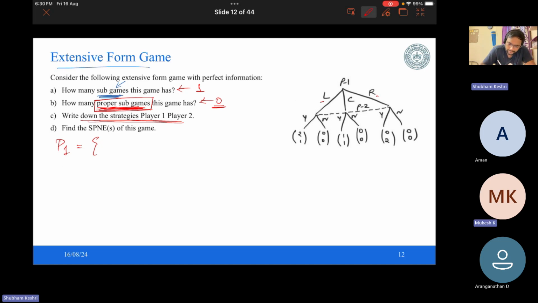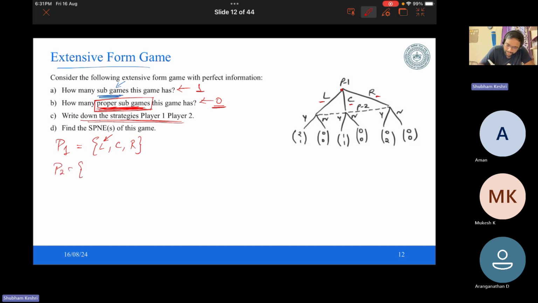L, C, R. So there are three actions player 1 can have, and player 1 is making a decision at only one node. Therefore, the action becomes the strategy, and thus we have L, C, R as three strategies for player 1.